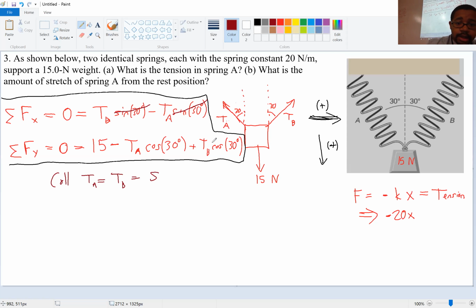So then let me plug this in here to FY. So we've got 0 equals 15 minus S cosine 30 plus S cosine 30.